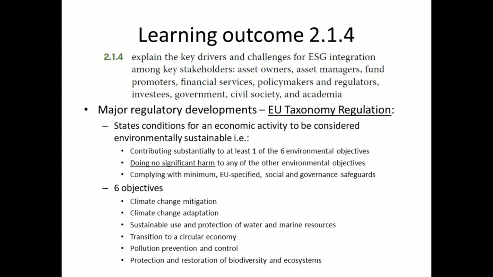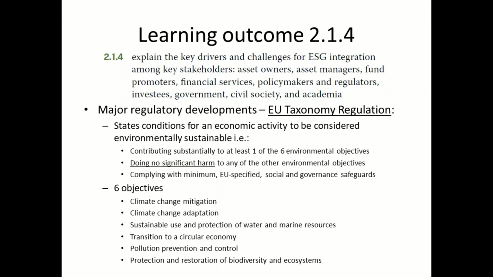So what does this mean? That means that, say, maybe there are 2 activities or 2 investments. One of them does better than the other on, say, 2 or 3 environmental objectives.